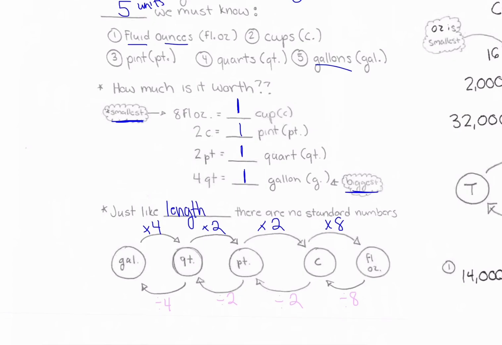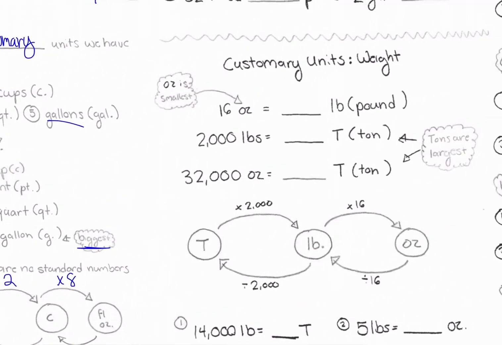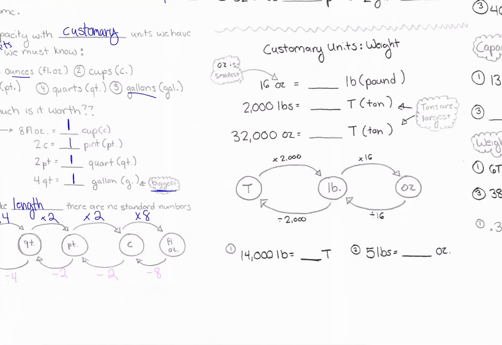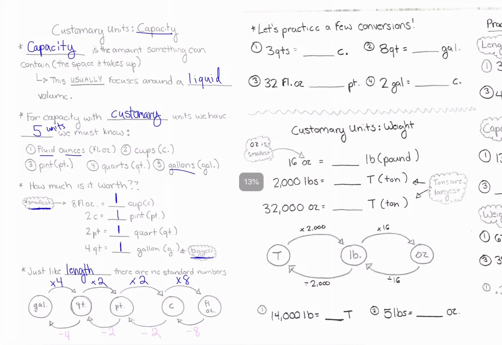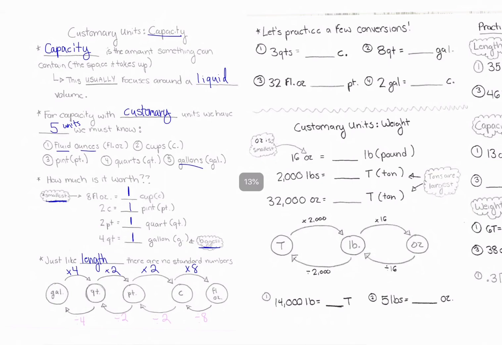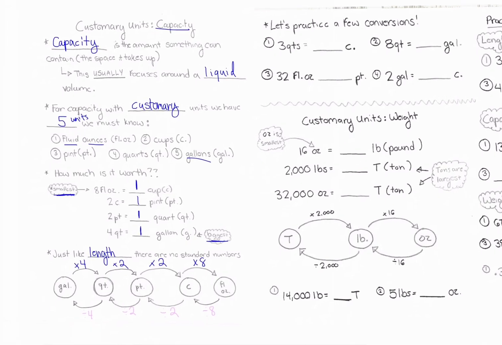So let's get into a couple of practice problems. I'm going to have it zoomed out. It's going to be a little bit hard to see, but I want you to be able to see the flow chart and the problem. So for number 1, we're going from quarts to cups.